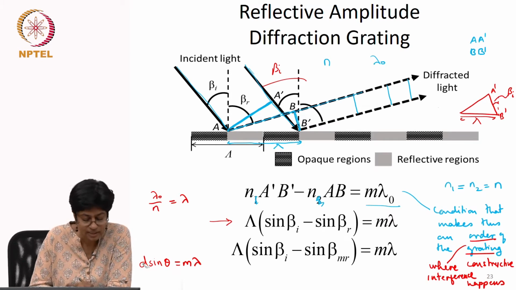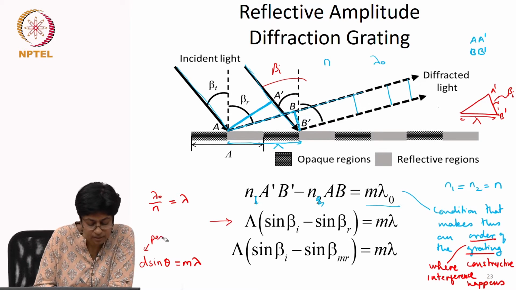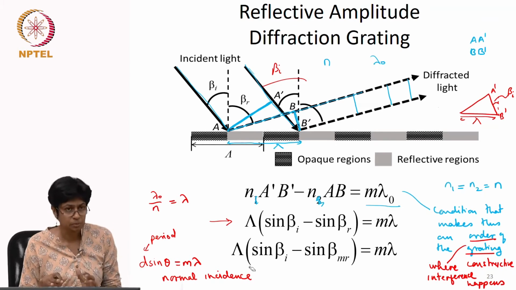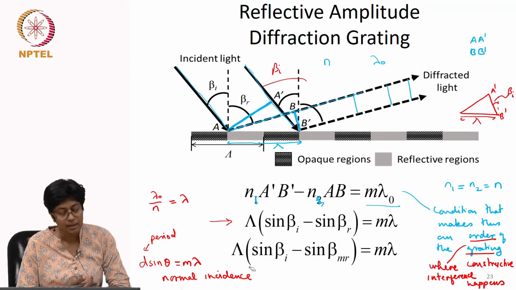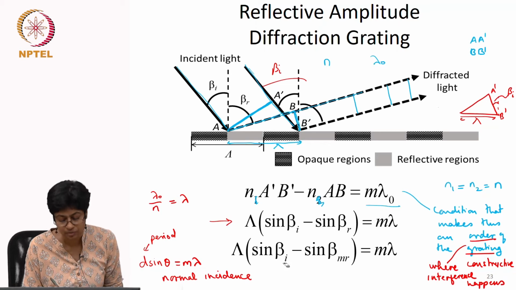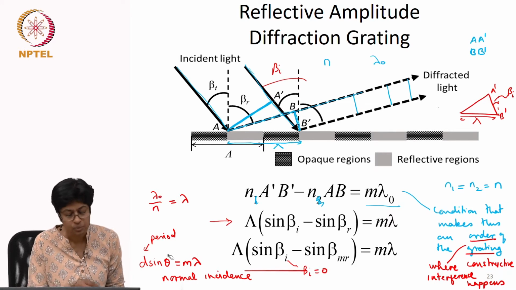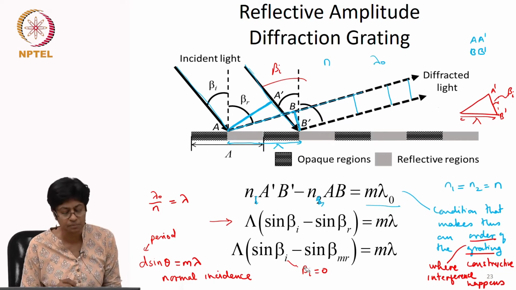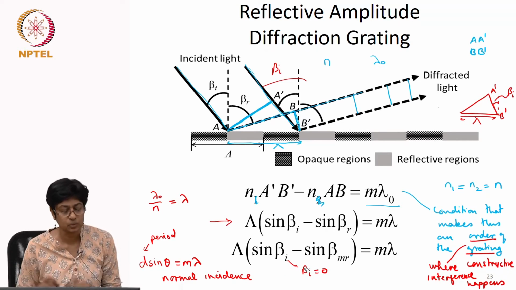In that case, they are calling d the period, and this is for normal incidence. So the sine has been absorbed into the index m. If I were to make beta I go to 0, then it would reduce to this. So this may be something that you have seen before: d sine theta is equal to m lambda.